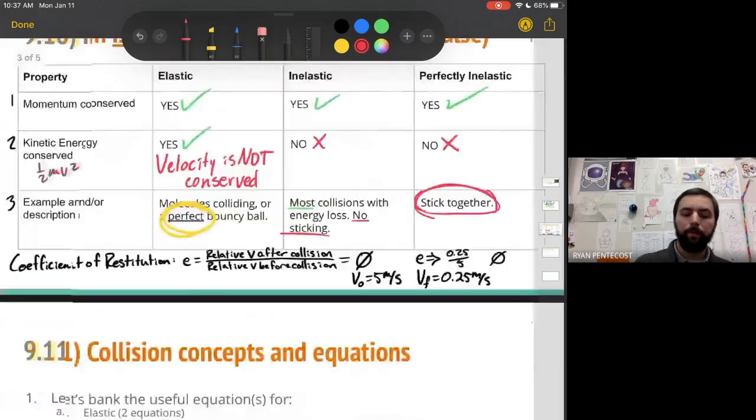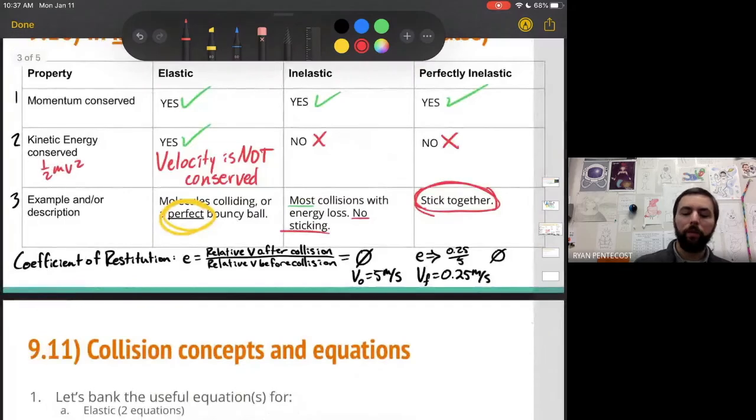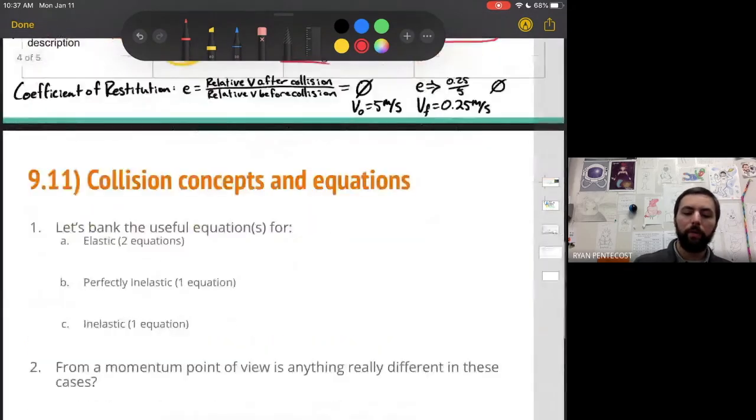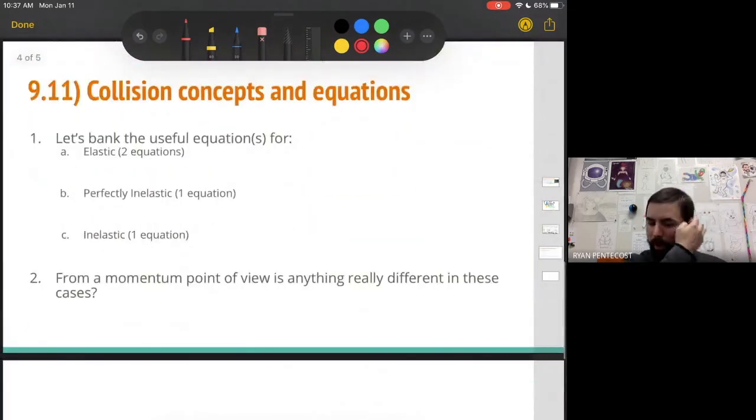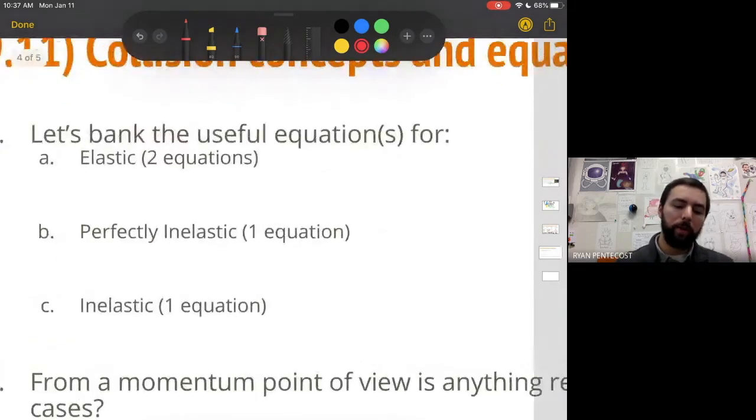All right, now let's look at the concepts. Collision concepts and equations. So we've got useful equations for elastic, perfectly inelastic, and inelastic collisions. So in elastic collisions, we have the conservation of momentum, right? Summation of P initial equals the summation of P final.